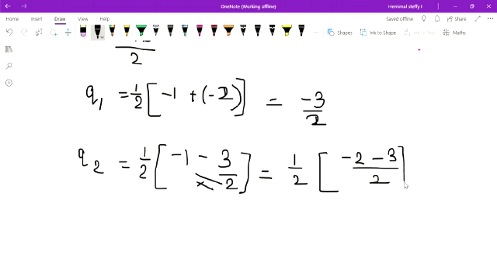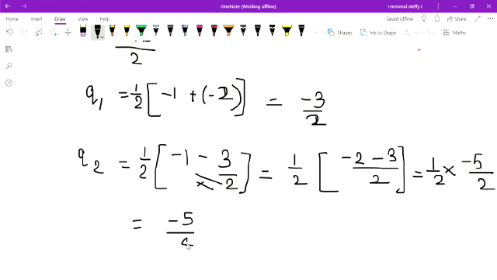The answer is 1 by 2 into -5 by 2. Then I get Q2 equal to -5 by 4.